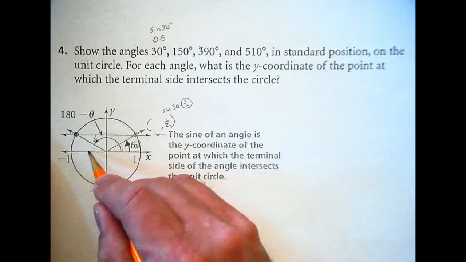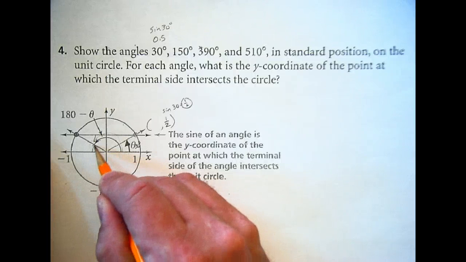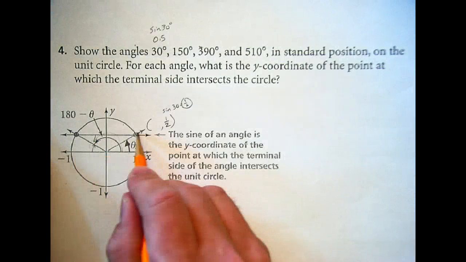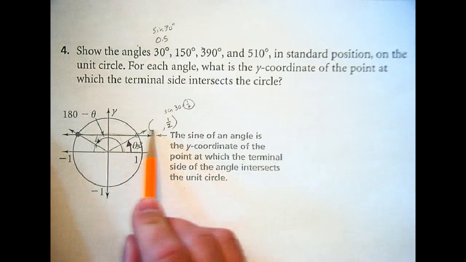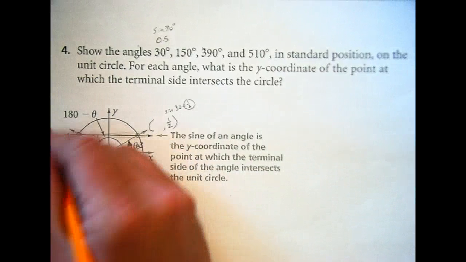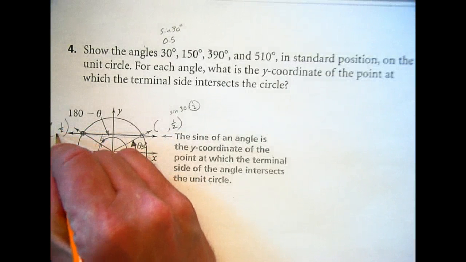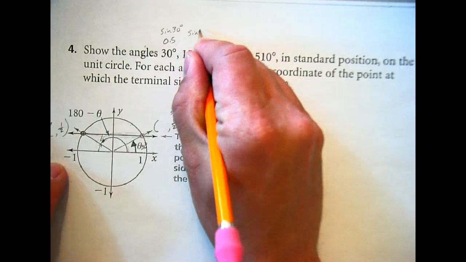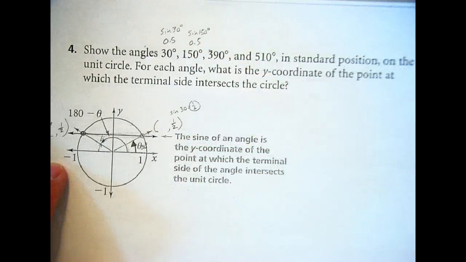Another way to think about it is if you're at 180, if you go back 30, you're at 150. So it's the same line here. You're on the same y line. So in this case, the sine of 150 is also 1/2. So sine of 150 is 0.5 or 1/2 as well.